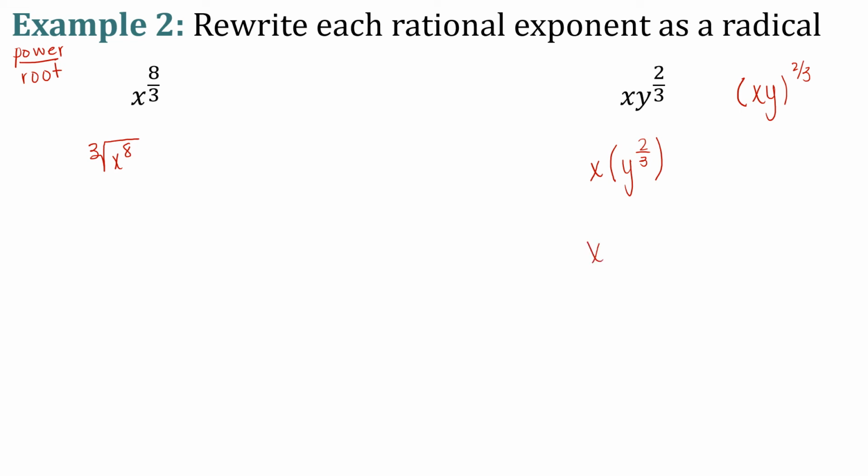So we have x times, and the root of our radical is 3 because that was the denominator of our fraction, and then y squared. If it was written how I wrote it to the right hand side, then we would have the cube root of xy squared, or you could write it as the cube root of x squared y squared. All of those would be correct.